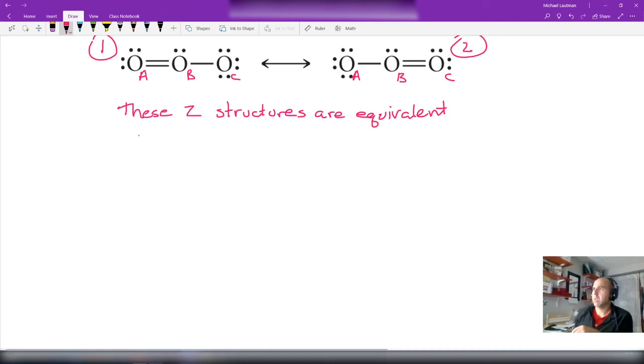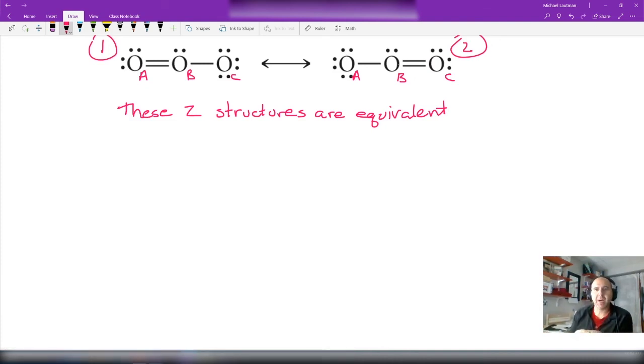Now, if this Lewis diagram is accurate, I would expect that in an ozone molecule, I would have one double bond and one single bond. And that there should be probably then an even distribution of ones that look like this and ones that look like this. But that's not what happens.